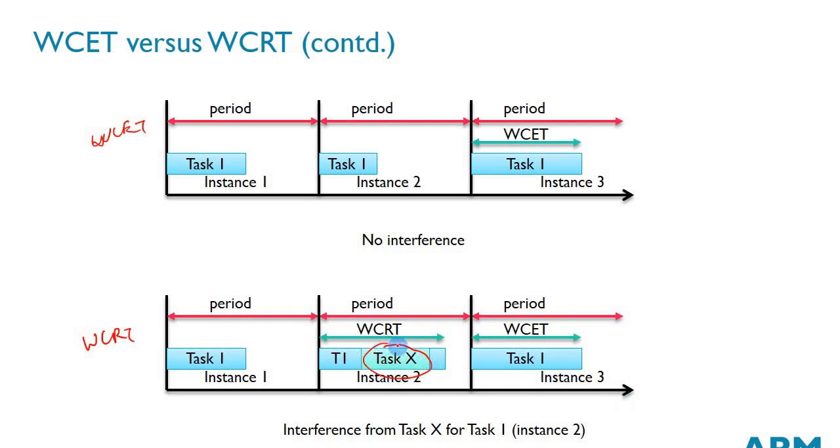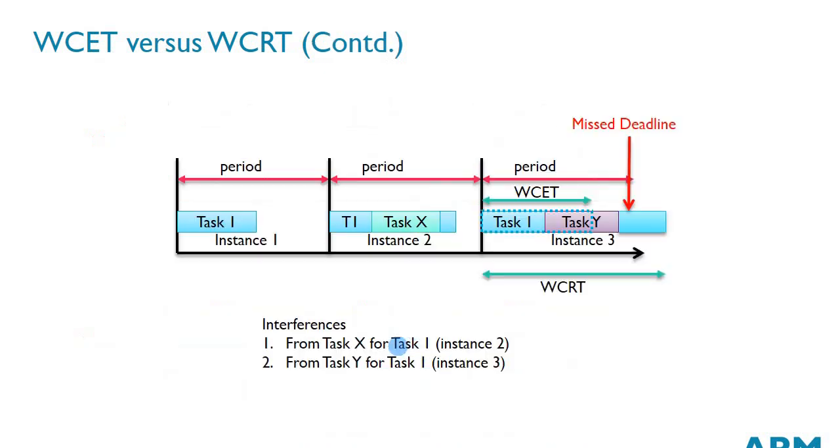Here task X is preempting task 1, and so the entire execution time for task 1 in that instance is now going to be longer. So what is the impact?